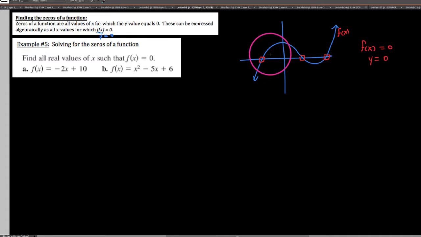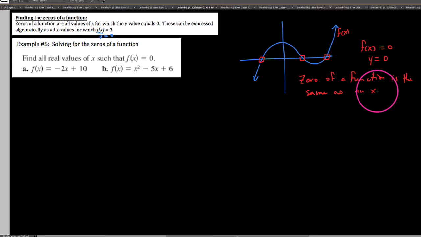And so since that's the case, really what we could acknowledge here is that another name for a zero of a function is the same as an x-intercept.